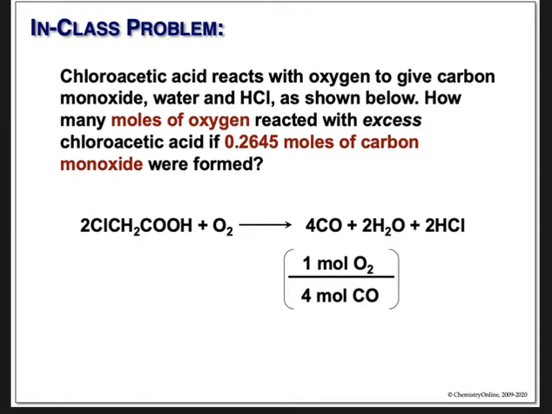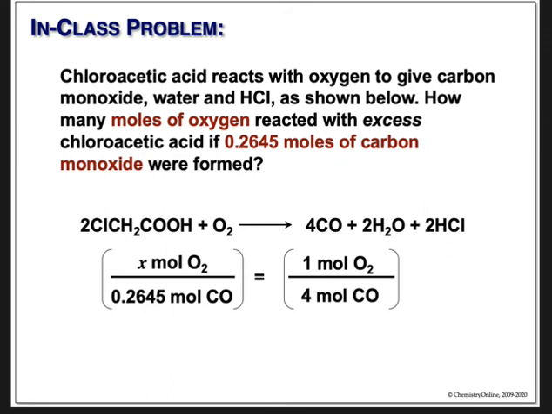We have an X and we have a given. X over given is our ratio. Now, all you have to do here with your calculator, don't have to multiply it out. We're comfortable with this now. 0.26 times 1 divided by 4.